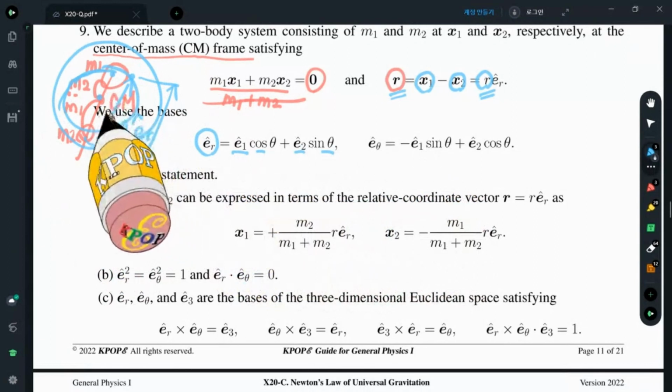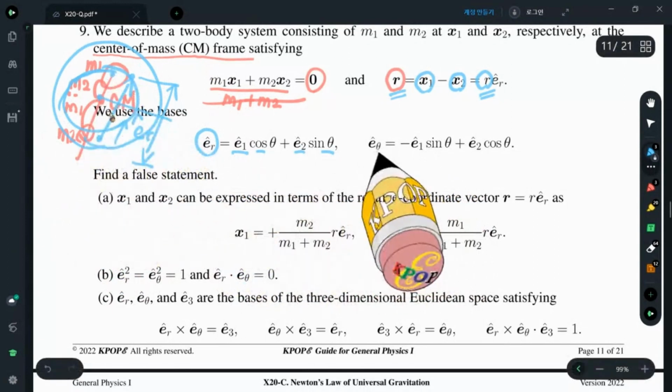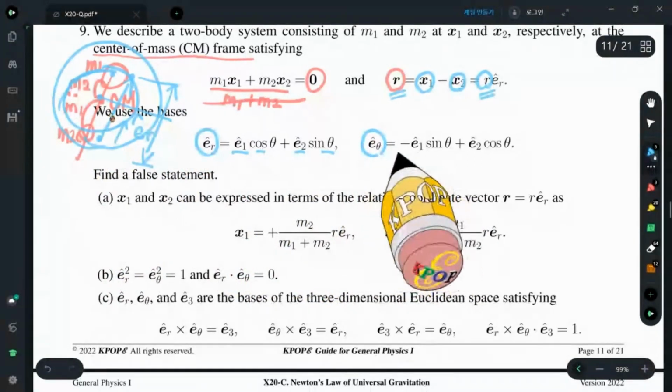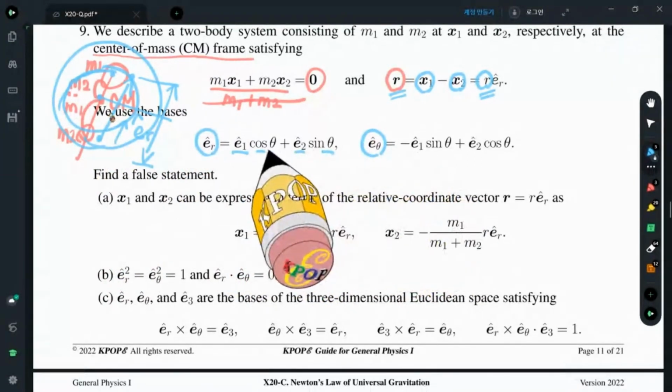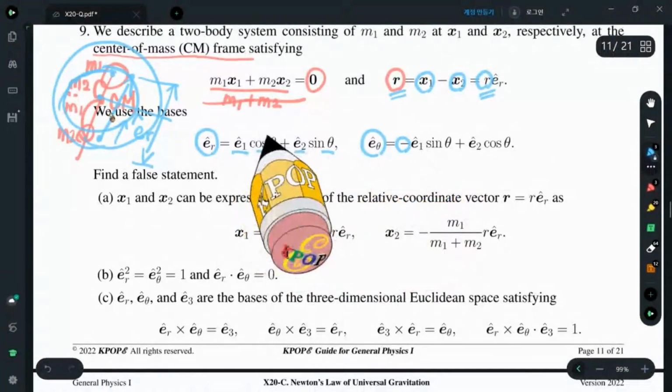And the radial direction has a tangential direction, that is, sine and cosine flipped, and the sine is the derivative of cosine.